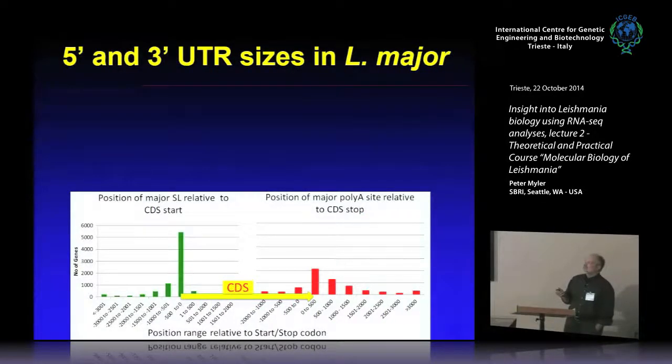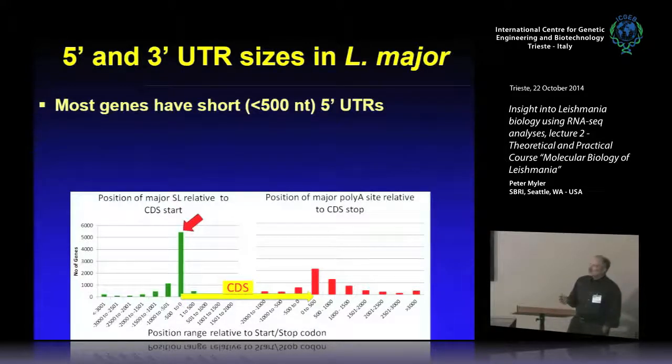When we looked at the position of the splice site and the polyA site relative to the annotated CDS, we came up with maps that looked like this. For splice leaders, the splice leader site was generally within the first 500 base pairs upstream of the annotated start site of the gene, although in some cases the major splice leader site was further out, more than 3,000 nucleotides away.